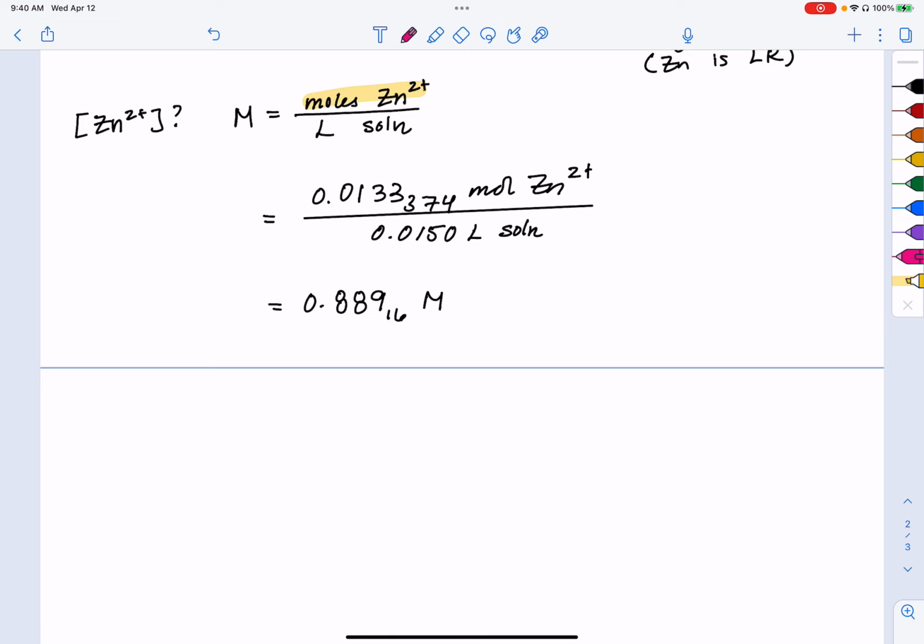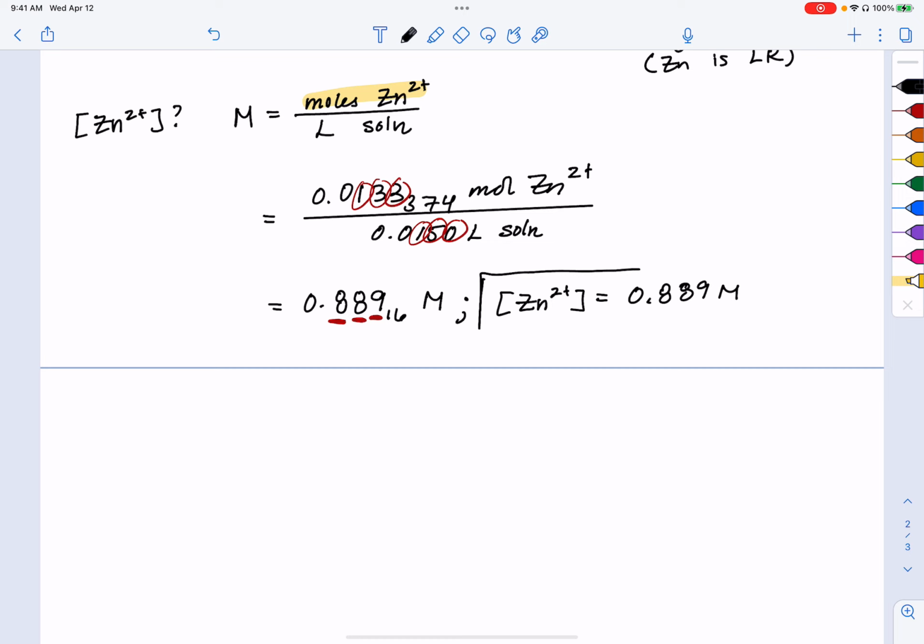And the sig fig analysis here, this had 1, 2, 3 sig figs. This also had 1, 2, 3 sig figs. So I need 1, 2, 3 sig figs in my overall results. So I can report the concentration of zinc ion in solution once the reaction has stopped as being 0.889 molar. And this is my answer to this question.